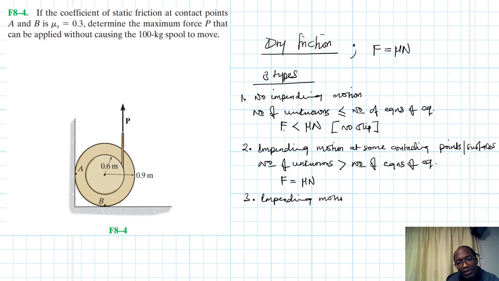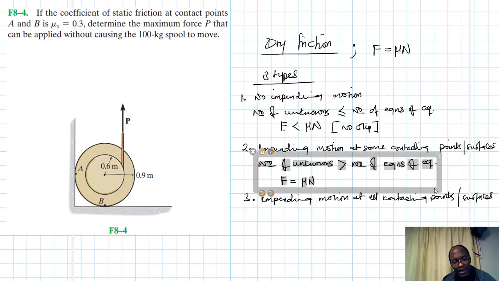The third case is where we have impending motion at all contacting points or surfaces. In this particular case, this condition again applies, which we just used in the second case.